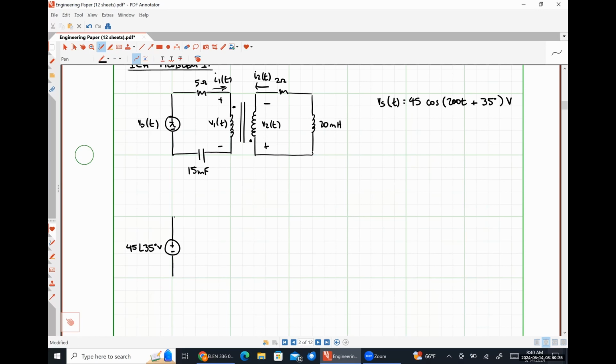So the impedance of my resistor is going to be 5 ohms. What's the impedance of my capacitor going to be? So what's the equation? J omega C. You said that's negative 1/3?